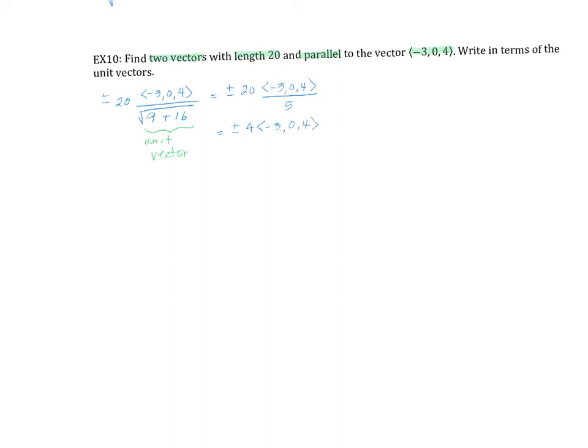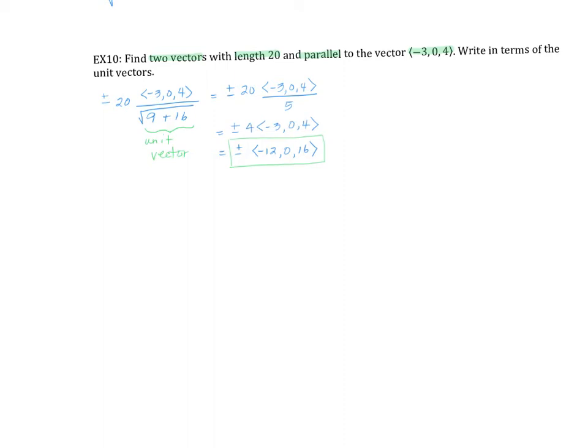We could leave it like that, or I could distribute the 4. I'm just going to leave the plus minus on the outside to get -12, 0, 16. So these are two vectors parallel to the given vector with a length of 20.